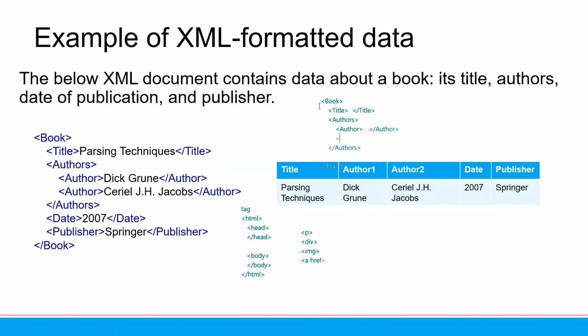And I have another author, and after I put the name, I will close it again. So the tag information is related to the attribute name. The idea is similar to HTML, but it has more freedom.